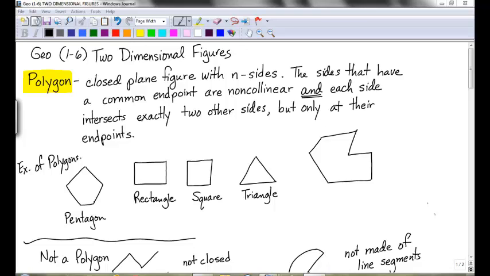The sides that have a common endpoint are non-collinear.